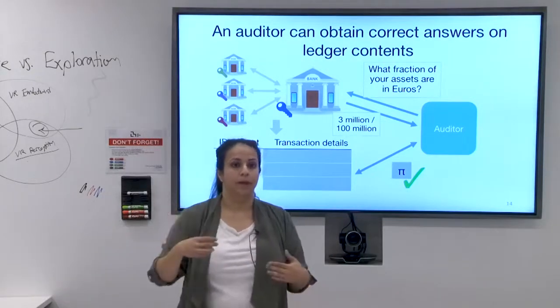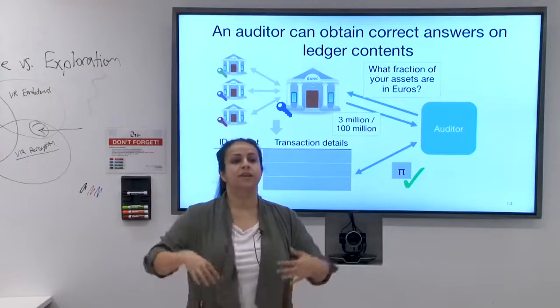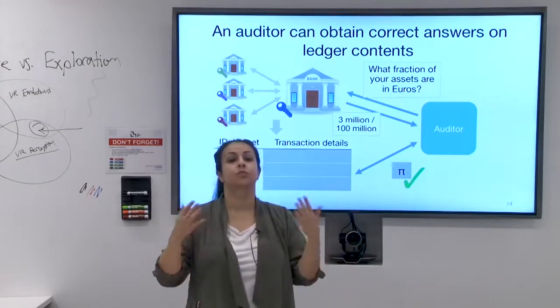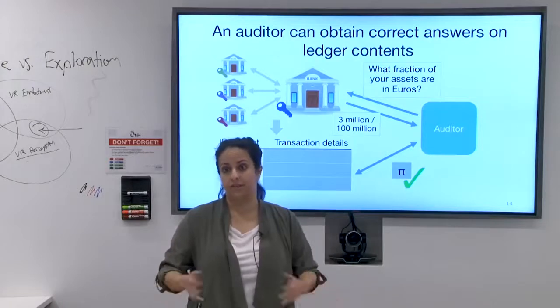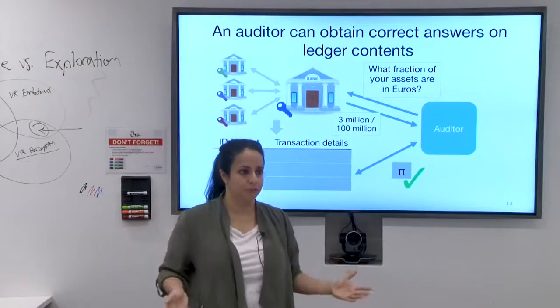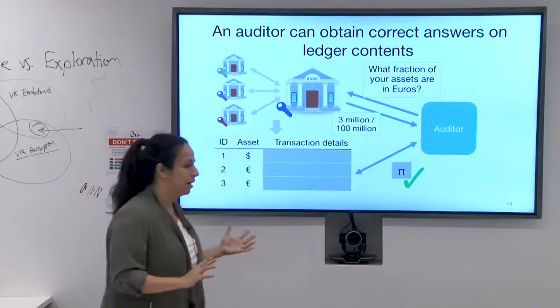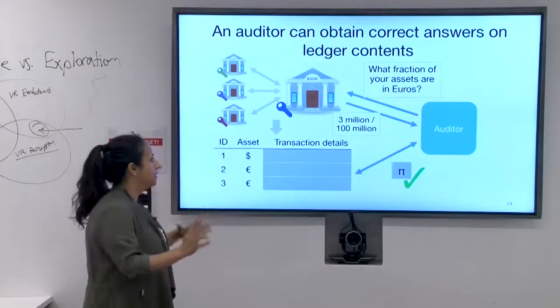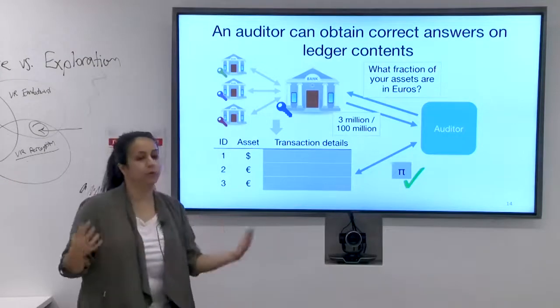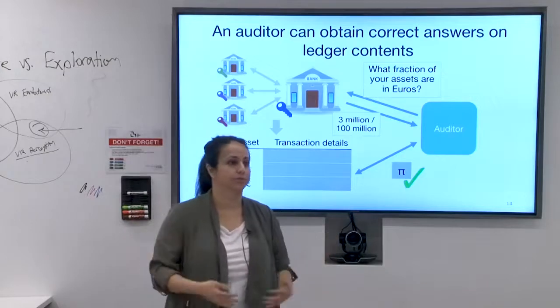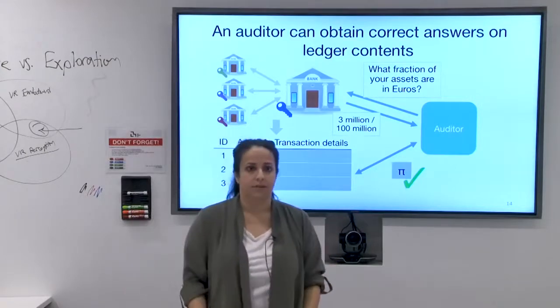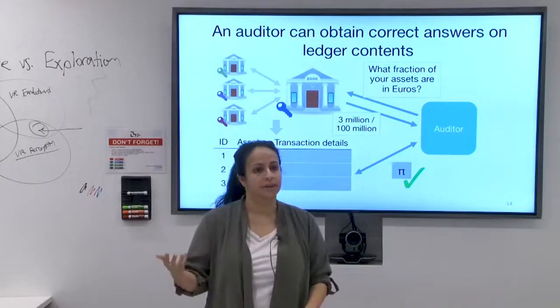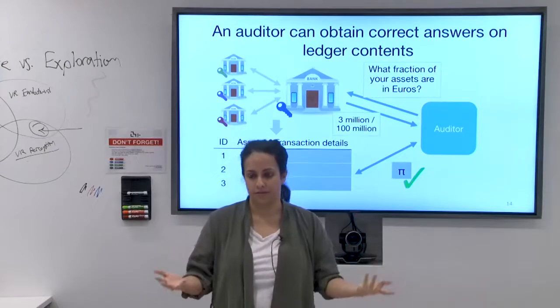So if the bank continually answers the auditor's questions, this will leak transaction contents. This doesn't provide what's known as differential privacy, okay? And so the setup here is that the auditor and the bank should come to some agreement about the appropriate frequency of auditing such that the auditor gets the data that they need and the bank maintains the privacy that it needs to maintain.